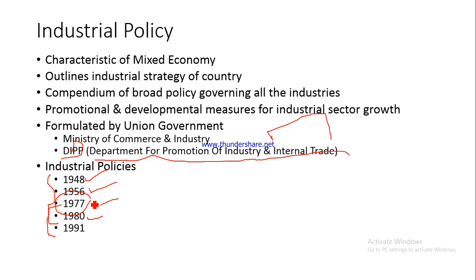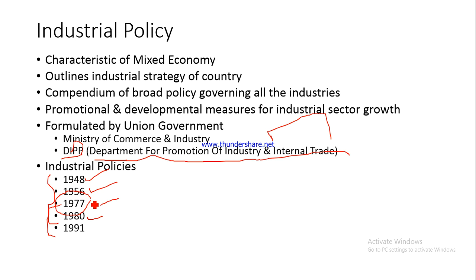They felt that the 1977 industrial policy was a reversal of whatever they were trying to do since 1948. That is why they found it very necessary to again come up with an industrial policy and to relegate the 1977 industrial policy to history. So that was the reason why in 1980 there was another industrial policy unveiled.